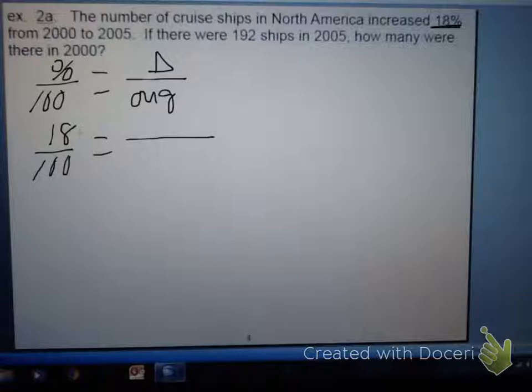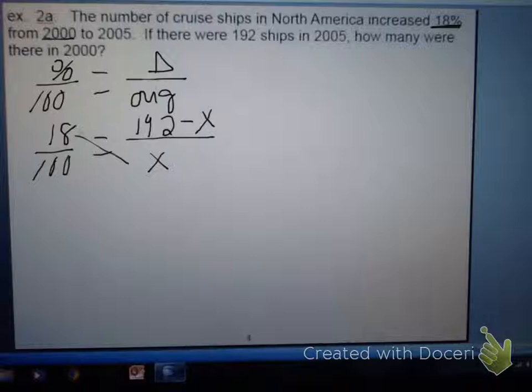Do we know the original? The original is the number of ships in 2000. All we know is that in 2005, which is the new, there were 192 ships. So we don't know the original. It's x. And the new is 192. So it's 192 minus the original, and that gives us the amount of change.